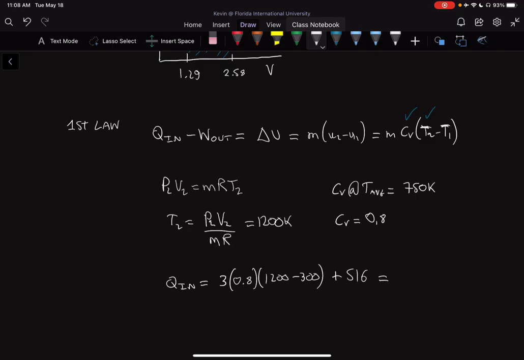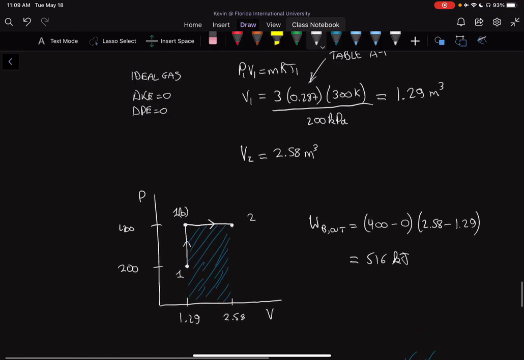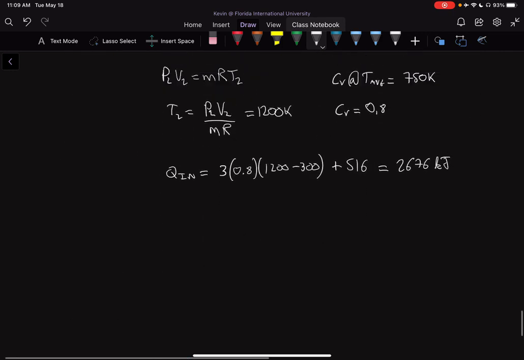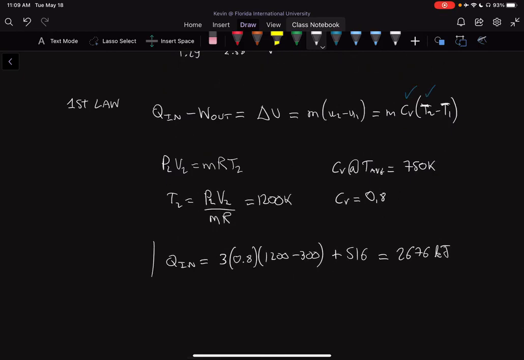And so we get that the heat is 2,676 kilojoules. And that's our heat in. So this time we know that we have some heat into the system. We have a Q into the system. Okay? And that makes sense. We added heat to the system, therefore Q is coming into our system. Okay, and that solves our problem.